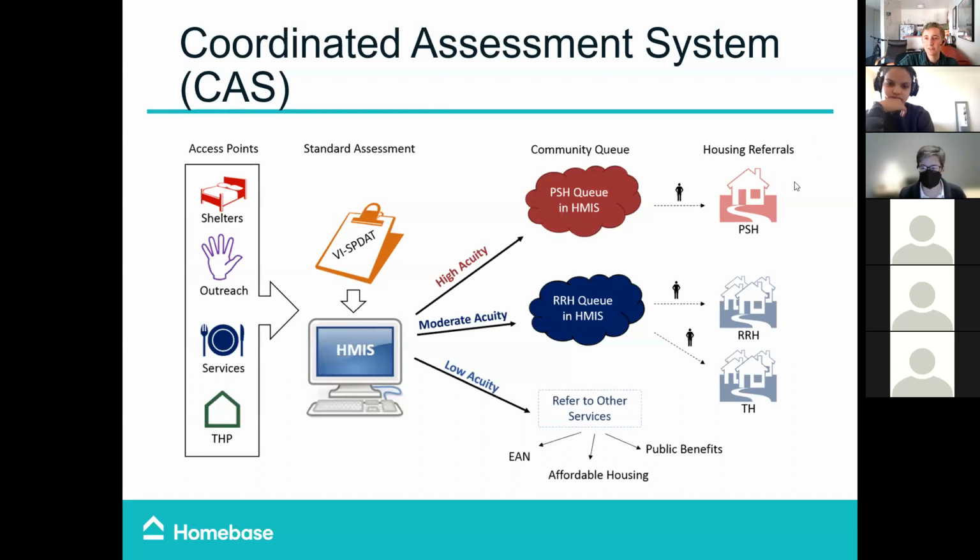The only exception to that is for programs that are serving survivors, which do not utilize HMIS. So that process works a little bit differently, but everybody else, it's done through HMIS. Yeah. Thank you.